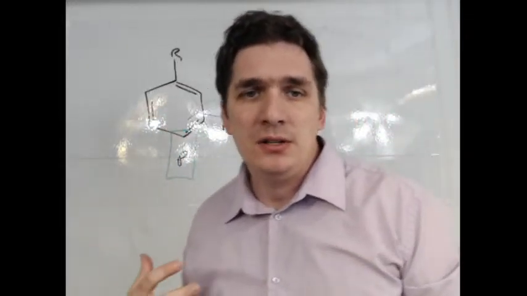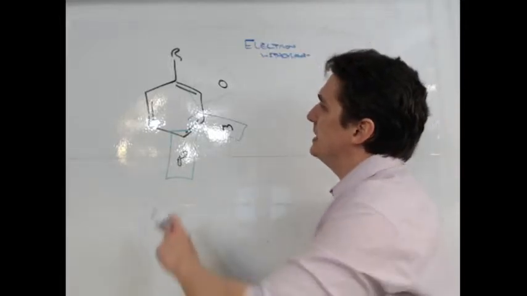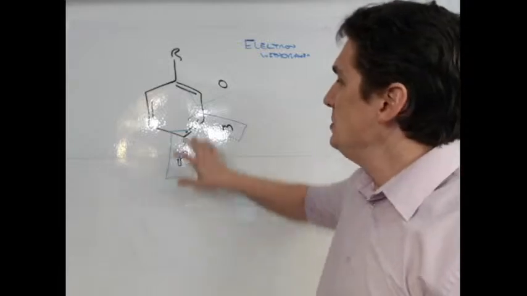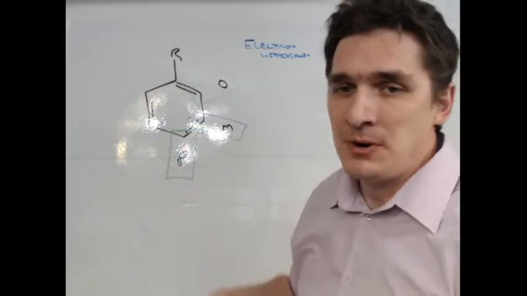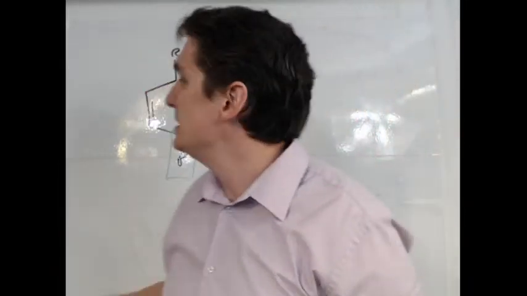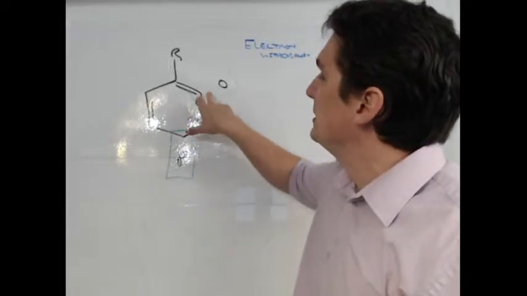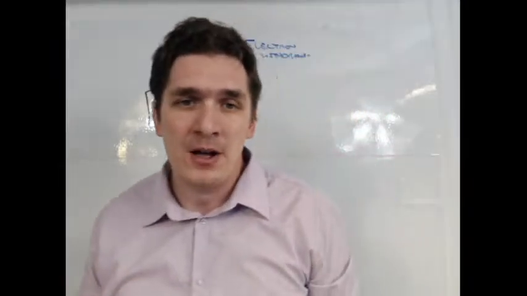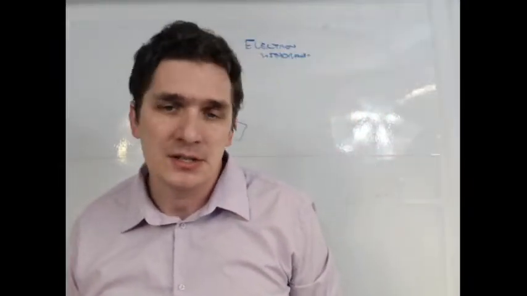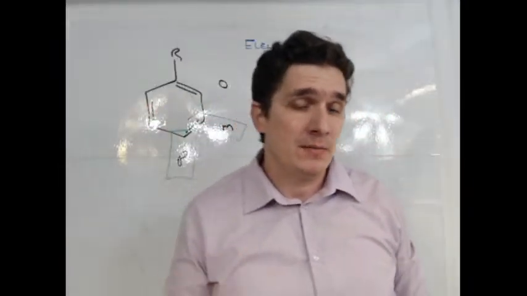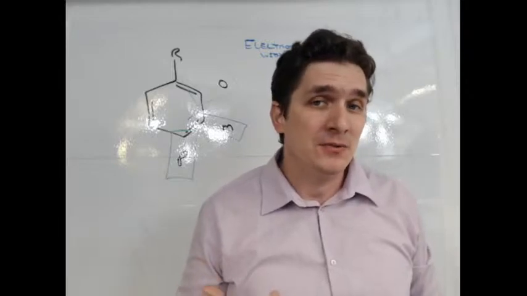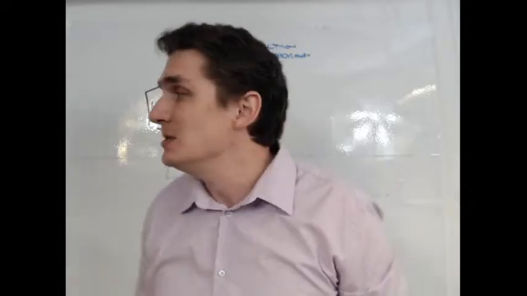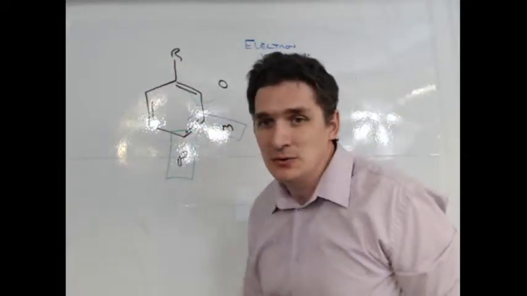For electron withdrawing groups, they end up making the ortho and para positions less favorable. So you can still get substitution on the ortho and para positions. This does occur. It's just that the meta is much more likely, because this R group is pulling electron density away from the ortho and para positions. Because benzene rings prefer to do electrophilic aromatic substitution, if you pull the electrons off of them, they don't react. So this leaves the meta position as the most reactive.